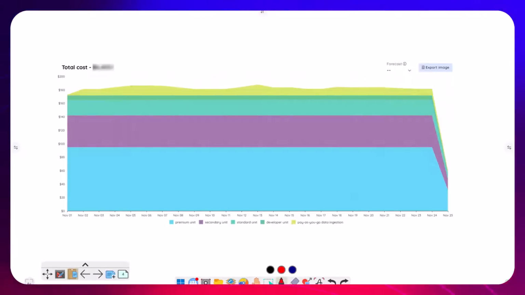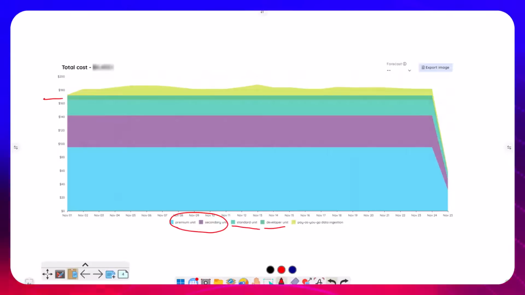Now, if we look at this graph's wider environments, I think the previous graph is probably just looking at the production environment. The wider environments view is looking across all of the different environments. So now we have the premium and secondary units that we had previously, but in the dev and test environments you can see they've got standard and developer.